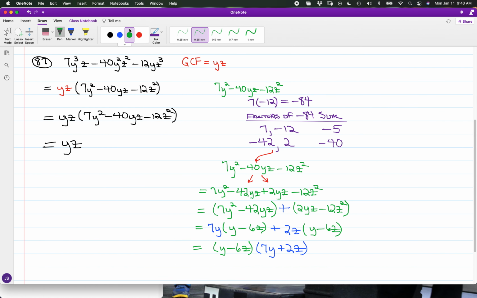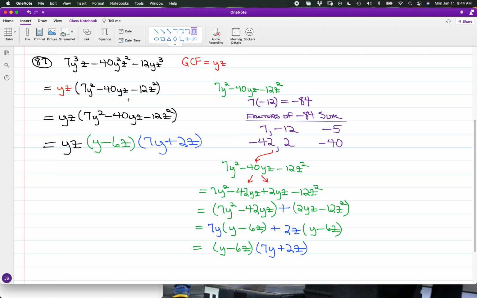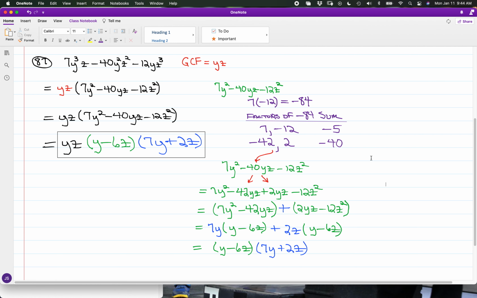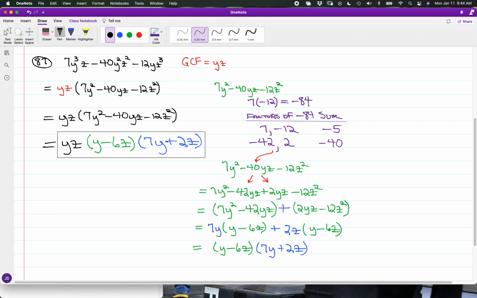For the other portions that will make up the solution, we have the quantity of y minus 6z times 7y plus 2z. All right, quite a few steps involved in this one. But for number 87, for the complete factorization, we do have 3 factors in the mix.